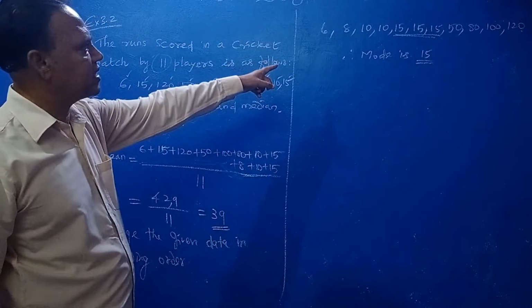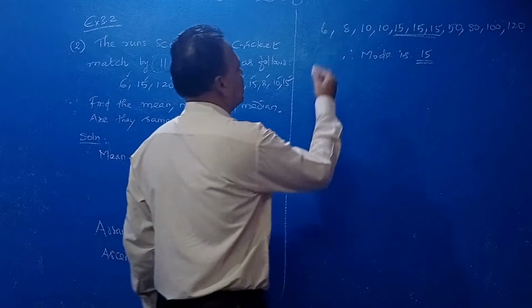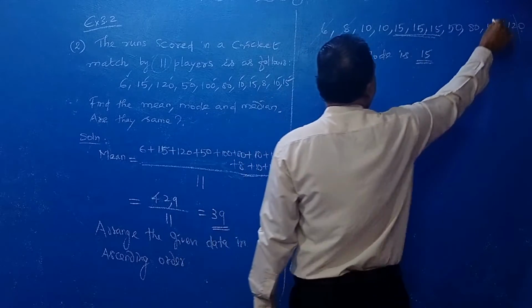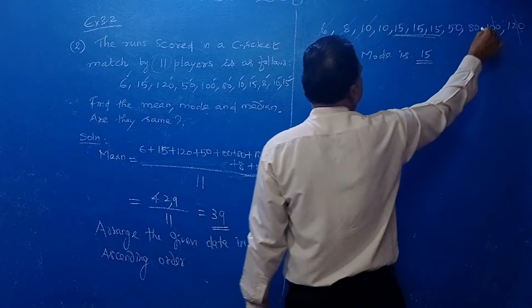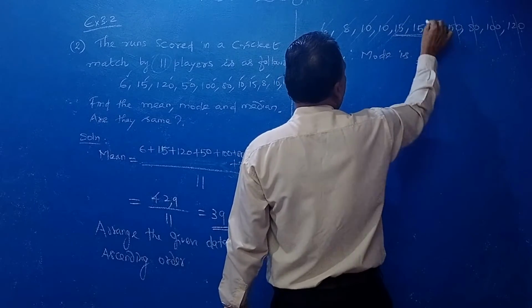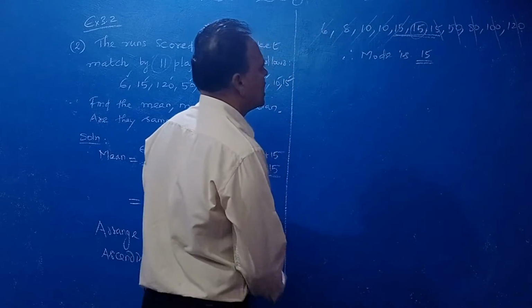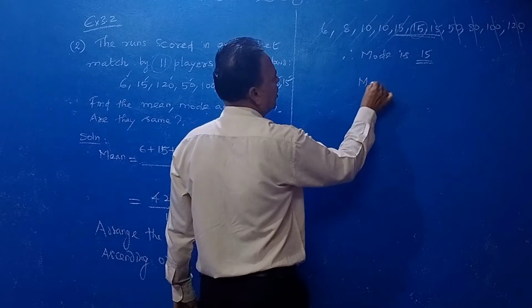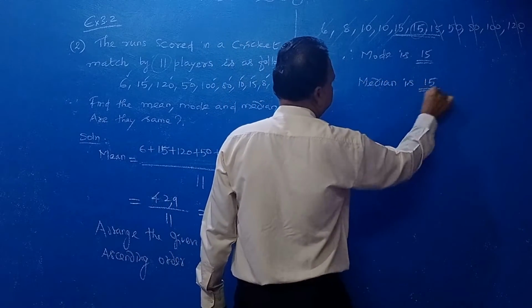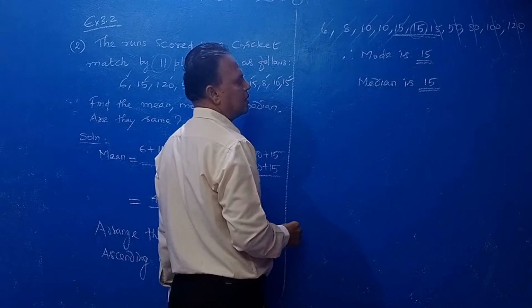In the same ascending order, take a pencil and cut it like this. This is the trick. So the middle of the observations is also 15. Therefore, median is 15. Clear? Understand?